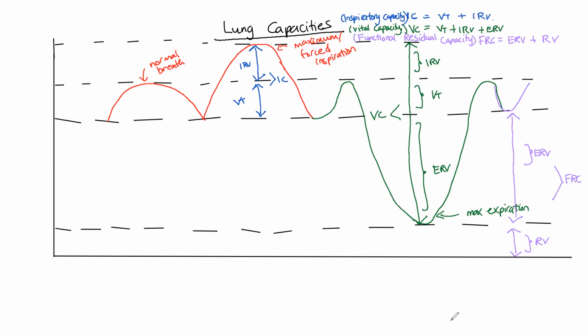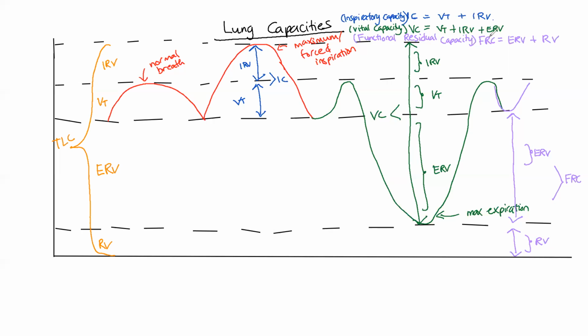And then the final one is just a combination of all of these lung volumes. So if we take into account the most forced inspiration along with the most forced expiration, as well as residual volume, all of these capacities, all of these volumes is our total lung capacity, right? Inclusive of residual volume down here. So residual volume, expiratory reserve volume, tidal volume, inspiratory reserve volume, all of that makes up our total lung capacity.